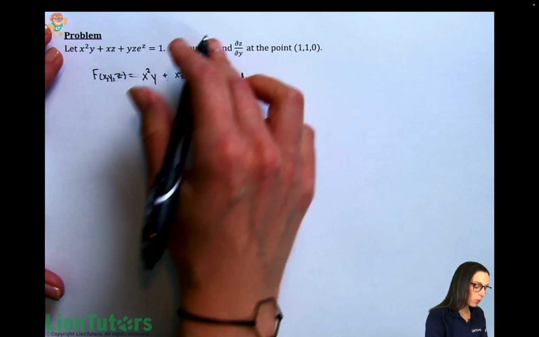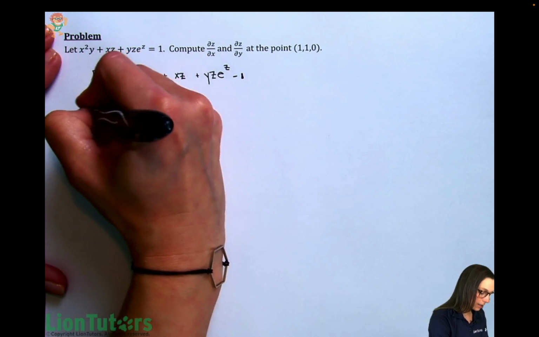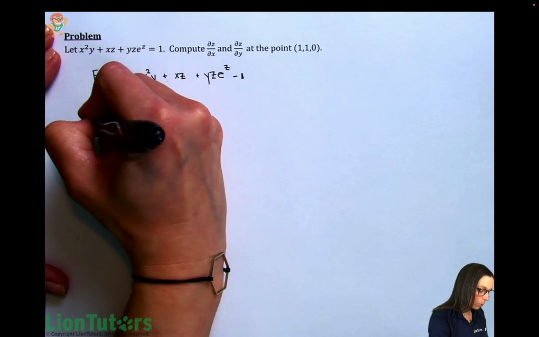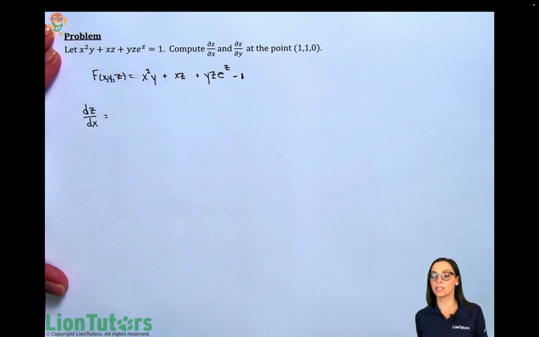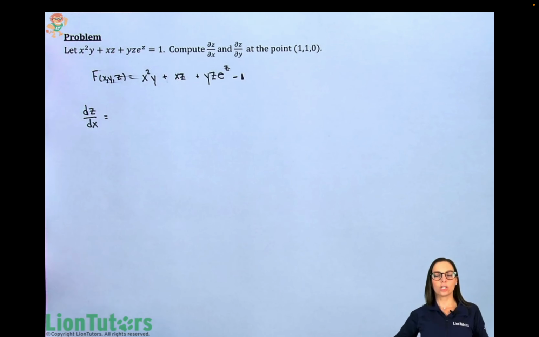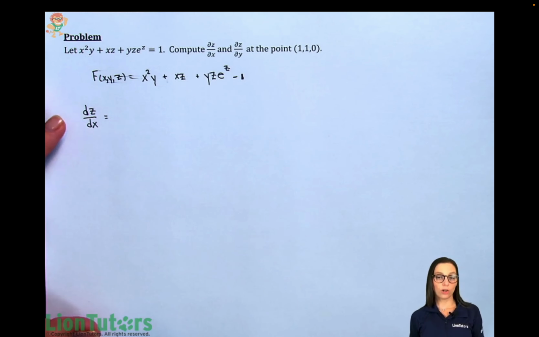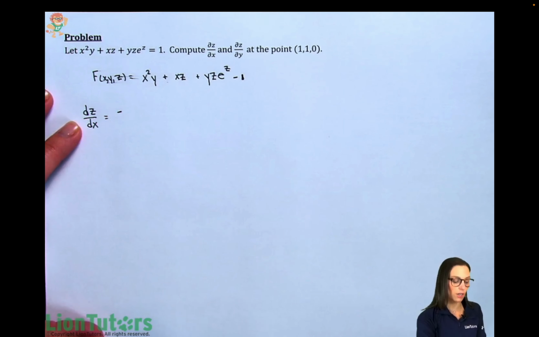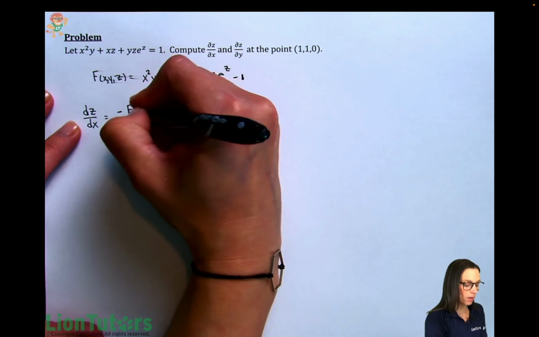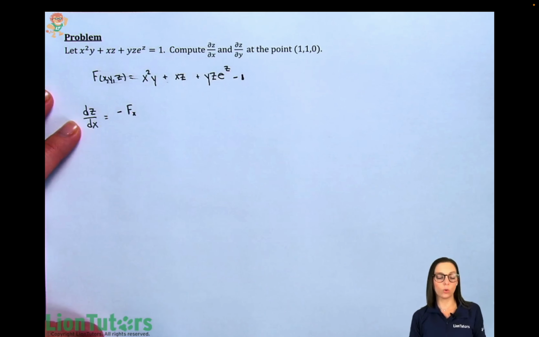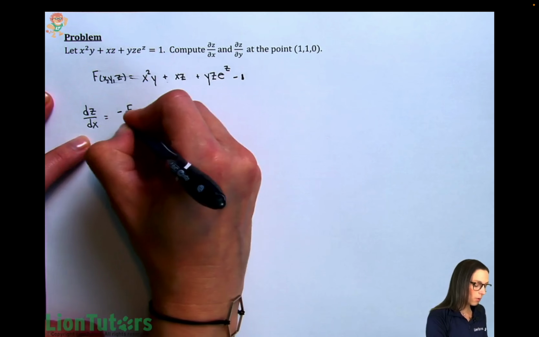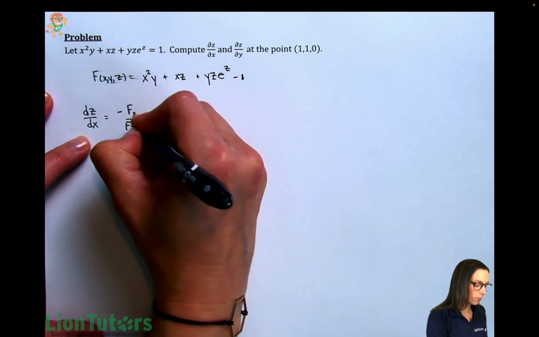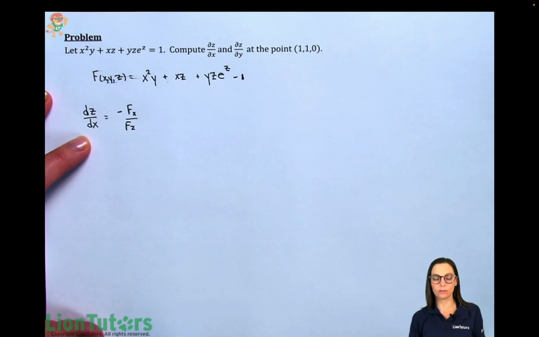Okay, so now if you want to find dz dx, I find it easier to just know how to apply the formula than to memorize it. When you're trying to find an implicit derivative, it's going to start with negative, and then you're going to go F with respect to whatever variable's on bottom over F with respect to whatever variable's on top.